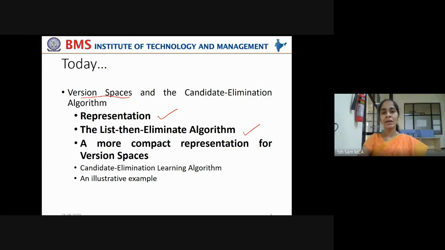All these are very important. Let us proceed to a more compact representation for version spaces by using the List-Then-Eliminate algorithm. And in the next class, we'll see exactly what the candidate elimination learning algorithm is, and also go through an example to understand that concept better.